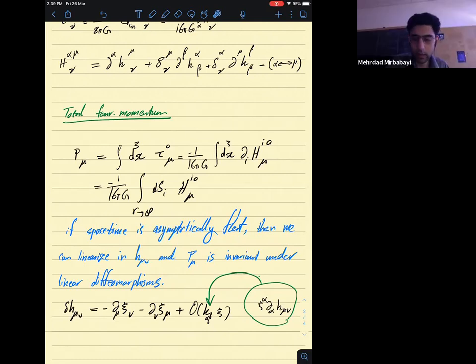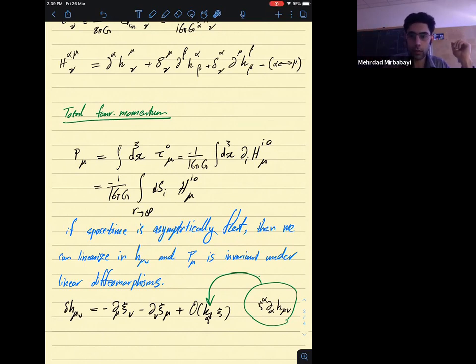Again, as long as I am satisfying the assumption of asymptotic flatness. Now, one way to not be worried about Lorentz transformations is to fix a Lorentz frame at infinity. I have a set of observers at infinity who define for me a Lorentz frame.